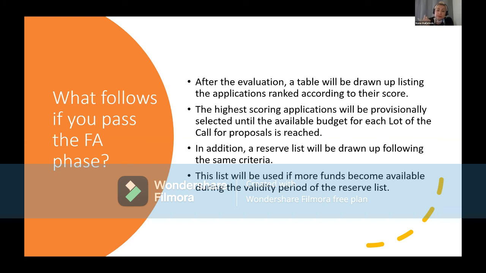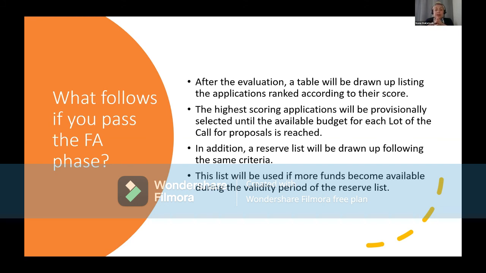So in this second step, it is no longer the case that the contracting authority invites as many applicants as up to twice the available budget for each lot, but only up to the available budget for each lot.